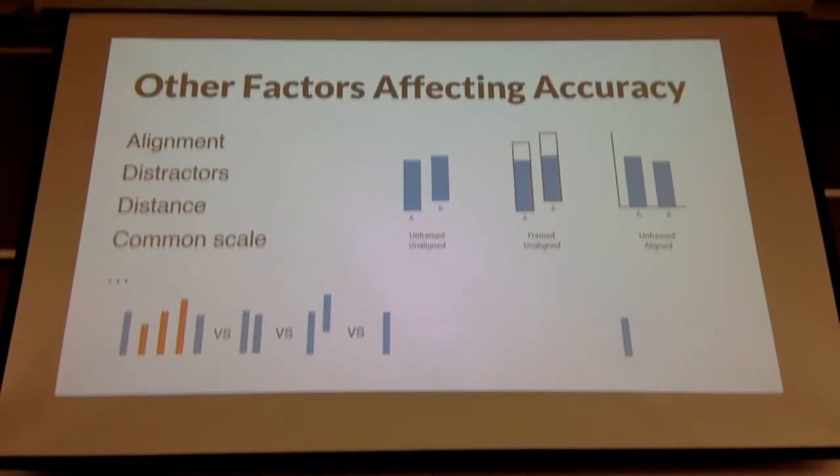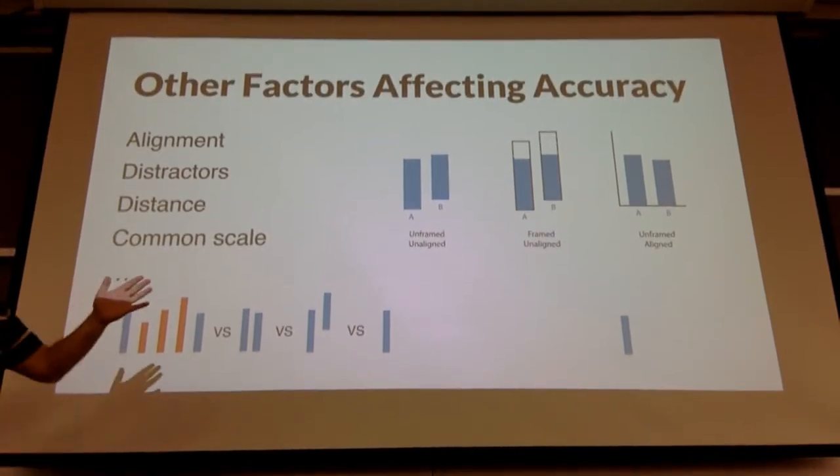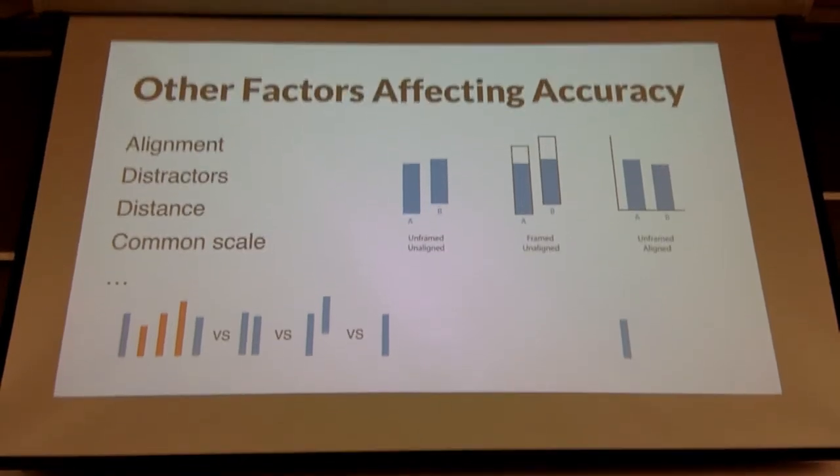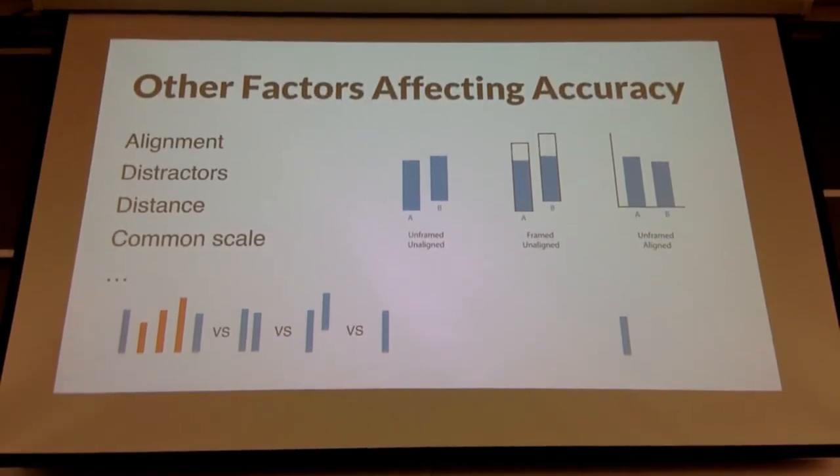So my personal impression here is that framed unaligned is much easier to judge than unframed unaligned, because we have a proportion to compare to, right? We can see the white area versus the blue area for these 2 different cases. And then unframed aligned is of course the easy case. And then distractors.